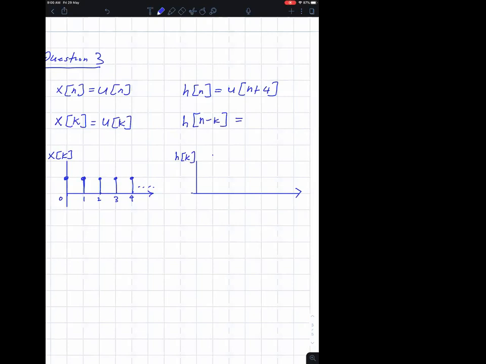H of k is the same as replacing the n with k. So if you replace this n with k, this h of k is just simply u of k plus 4, something like this. So this is a signal that's going to start when n equals to minus 4.